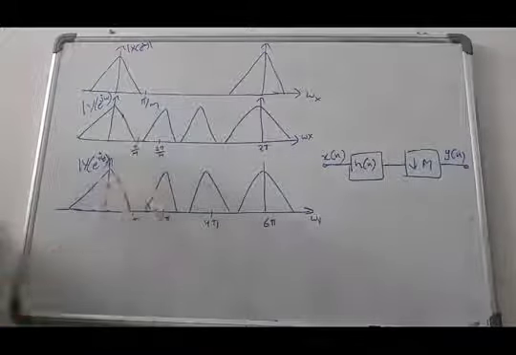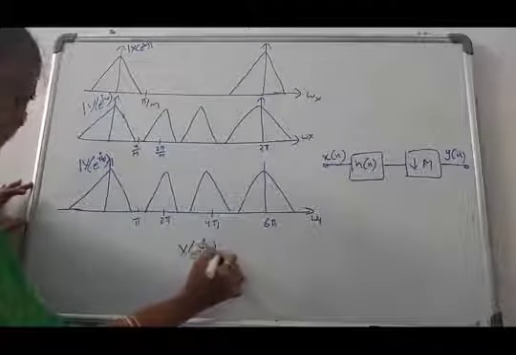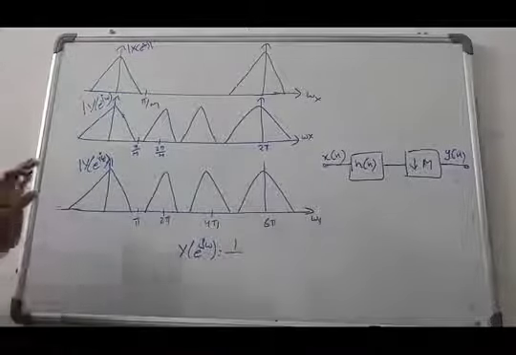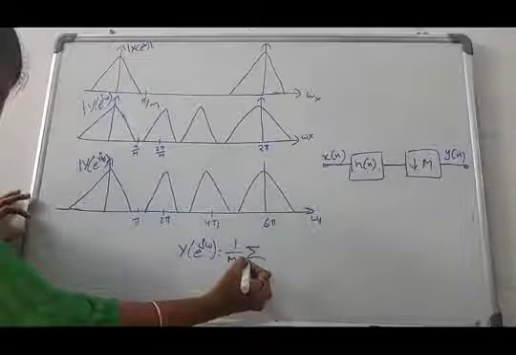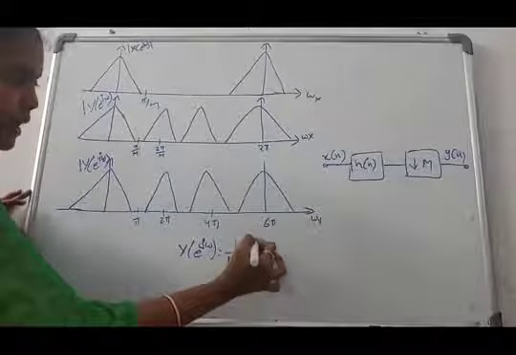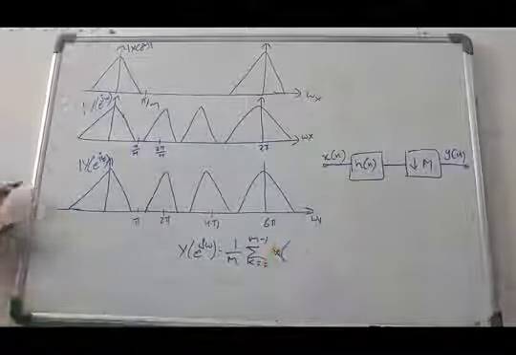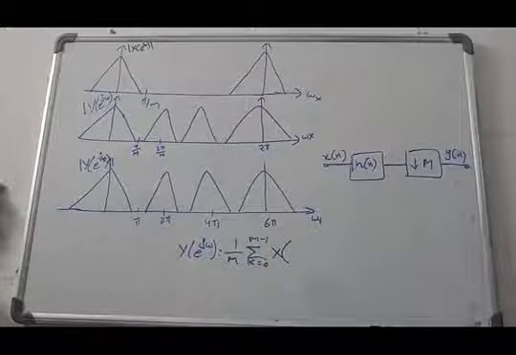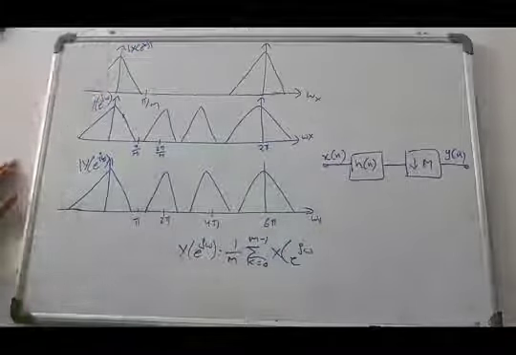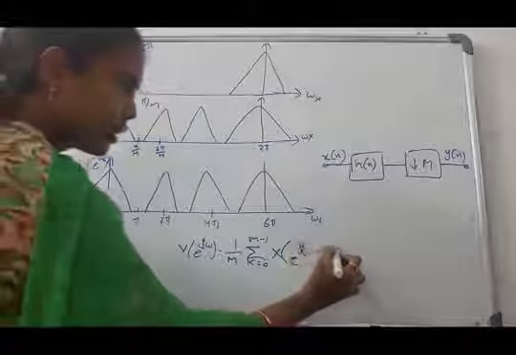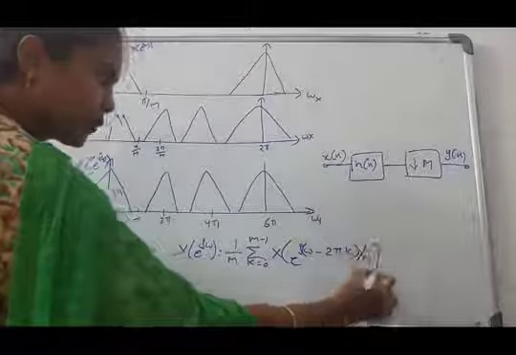So we have an equation: y of e power j omega is equal to 1 by m summation k is equal to 0 to m minus 1 x of e power j omega minus 2 pi k divided by m.